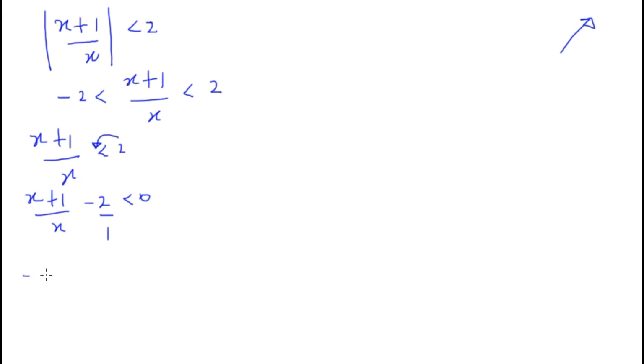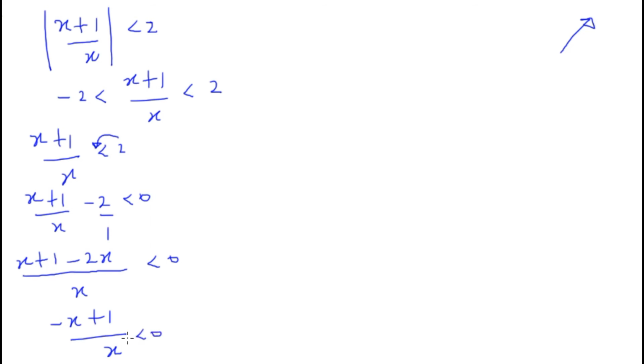So if I find the LCM, I'll have something of this nature: x plus 1 minus 2x upon x, which is actually less than 0. So x minus 2x, that's supposed to be minus x plus 1 upon x, and that's less than 0.